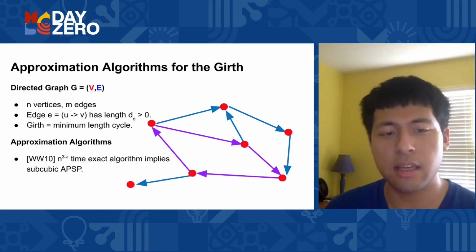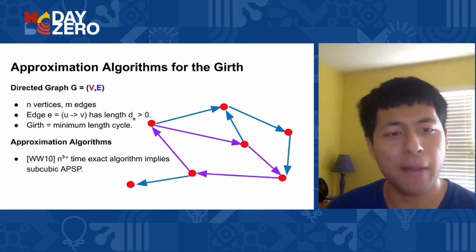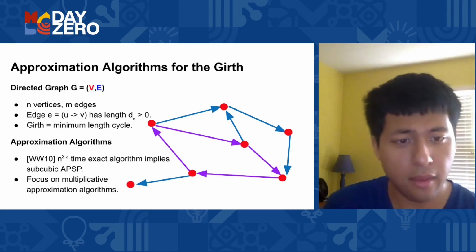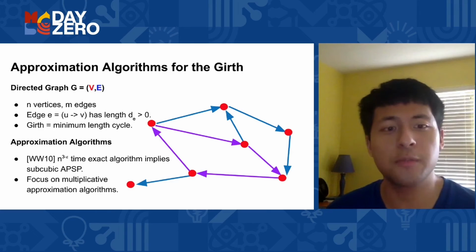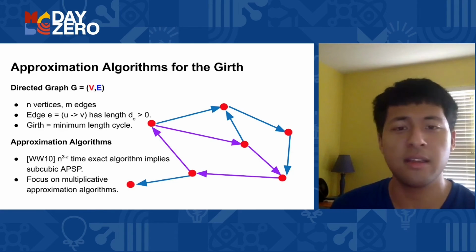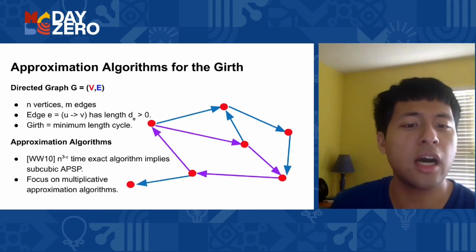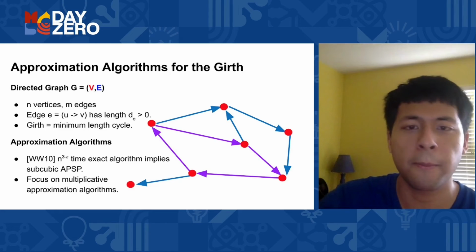And that's a popular hardness conjecture, and is conjectured to be impossible. For this reason, there's been a lot of focus on approximation algorithms for the girth, specifically multiplicative approximations. Say like getting a 2 or 3, a constant approximation of the girth.